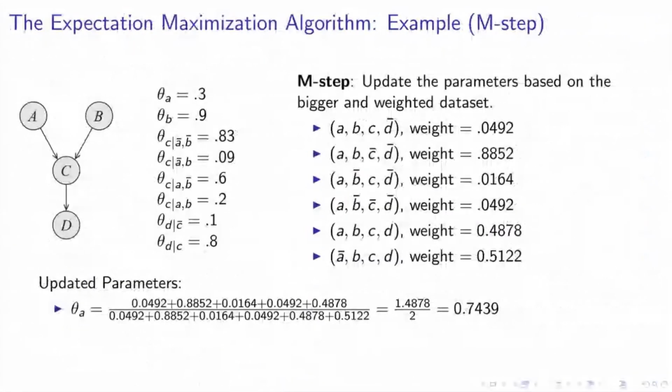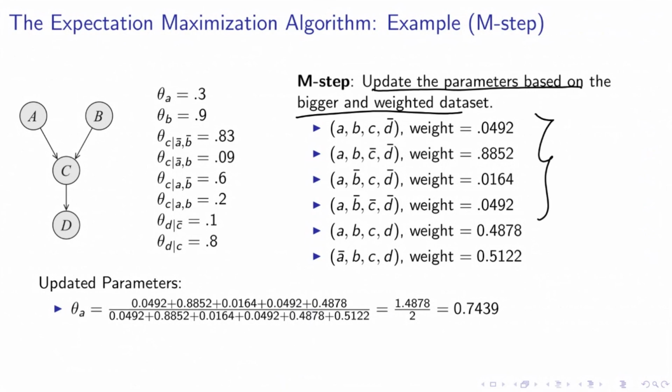In the M step, what you do is you update the parameters of the model based on the bigger and weighted data set. For our running example, if you remember, we had 2 partially observed data points.